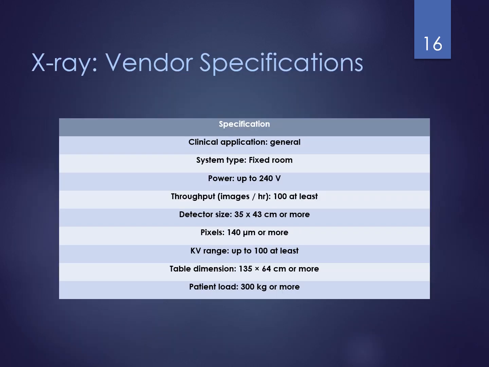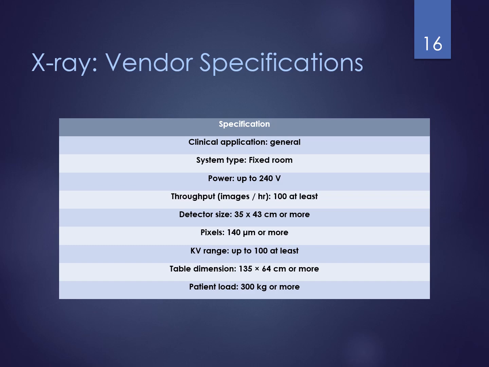This is the suggested vendor specification list of the X-ray machine. For the specification, the clinical application is better to be a general X-ray machine application. System type is fixed room machine. Power is up to 240 voltage. Throughput is about 100 images per hour. Detector size is 35 by 43 centimeters or more.